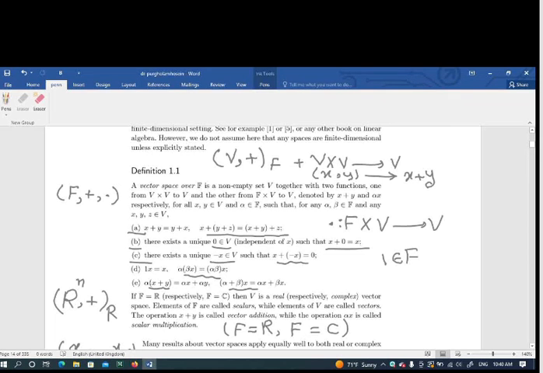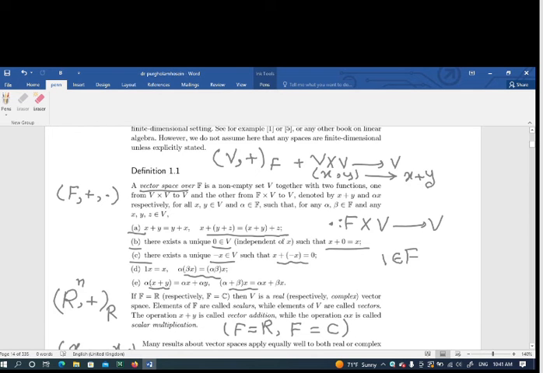Definition: a vector space V over a field F. So if F is a field, V is a vector space over F, and we have two operations.